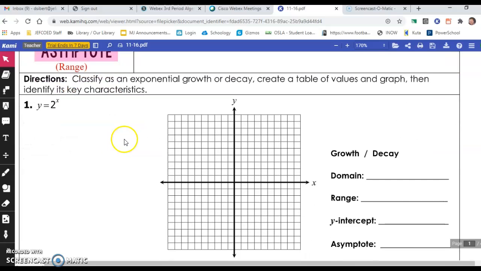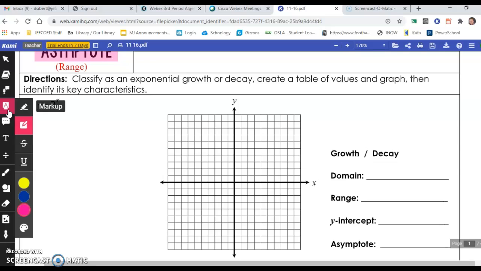Okay? Now, we're going to look at just a couple things, and this is what I want for you to highlight. This is what we are about to do. The first thing we are going to do is classify growth or decay. We're just going to classify based off of our base number, if it's a growth or a decay.